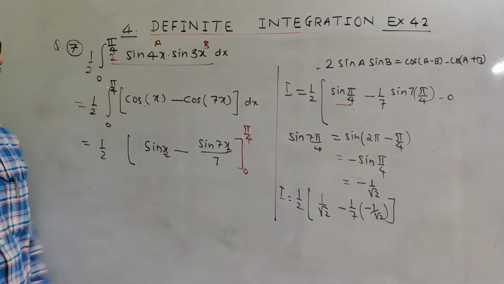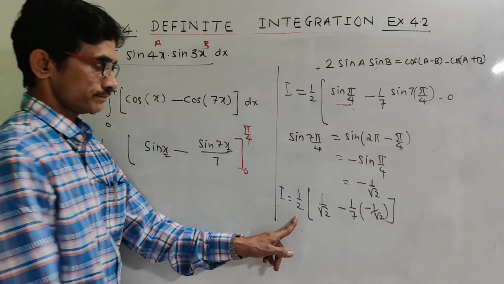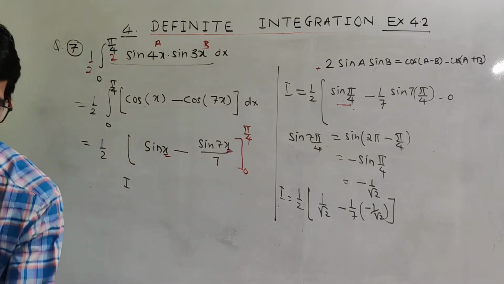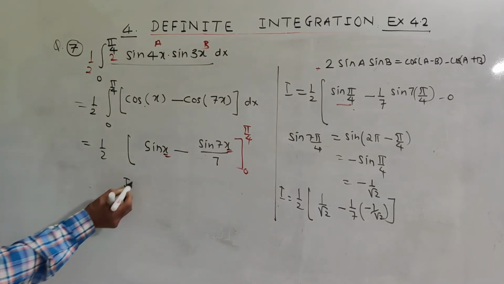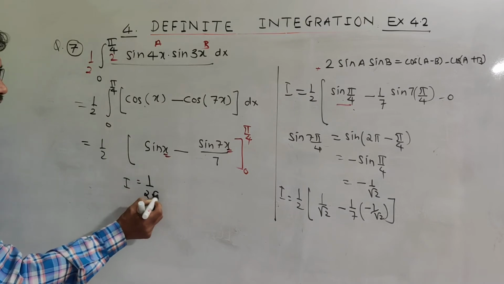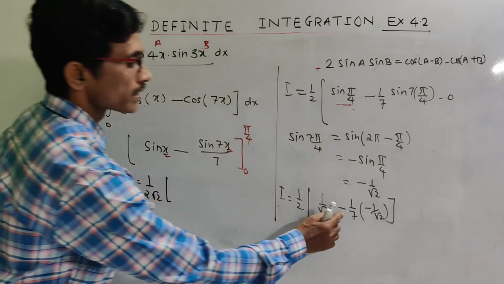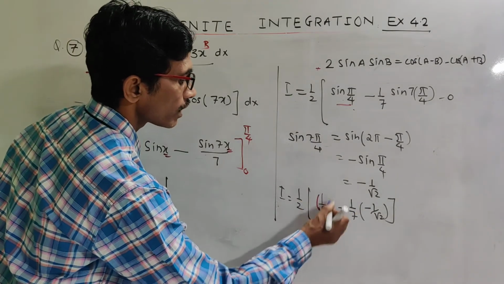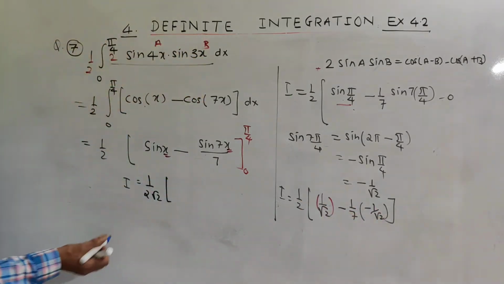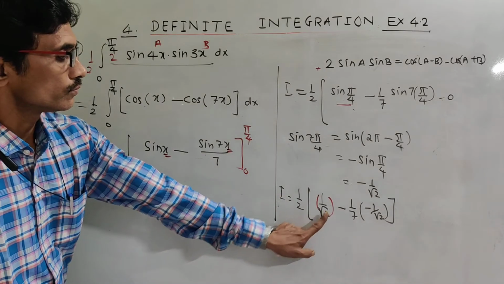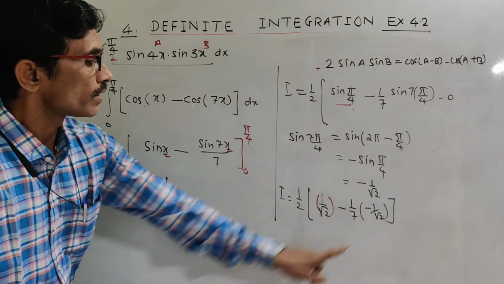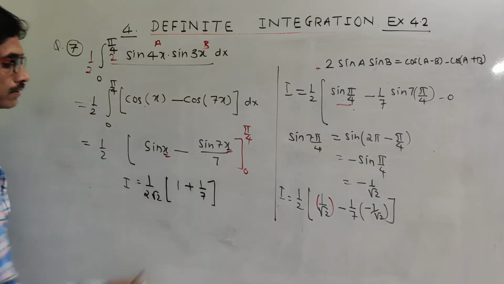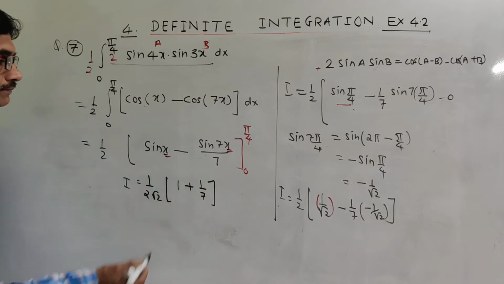Now the 1 by root 2 we can write outside. So I is equal to 1 upon 2 root 2, and this minus will give plus. Here 1 by root 2 we took outside the bracket. So 1 upon 2 root 2, and this is 1 plus 1 by 7, that is 8 by 7.